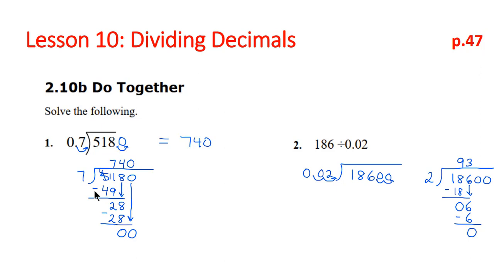And we can see, as we saw in number 1, that we're going to be left with some zeros here. 2 goes into 0 0 times. And if I bring down another 0, 2 goes into 0 0 times again. So 186 divided by 0.02 gives us a result of 9,300.